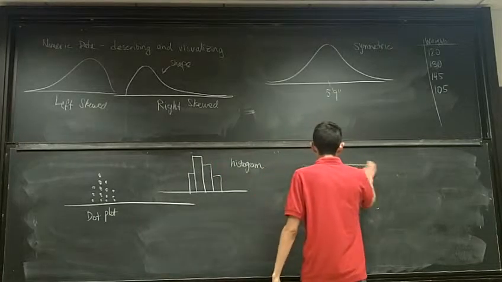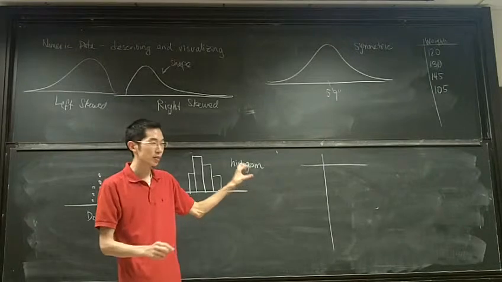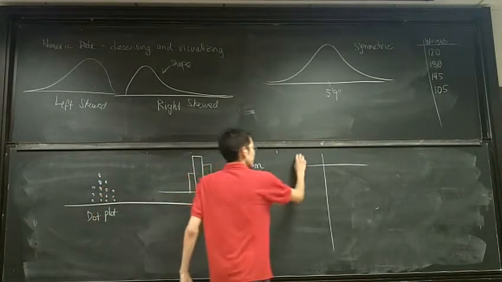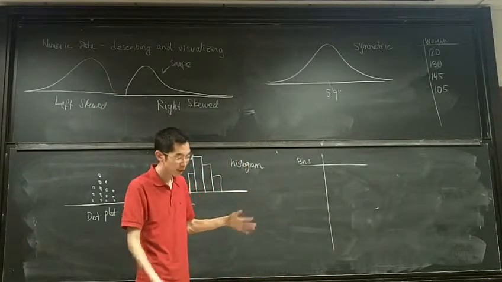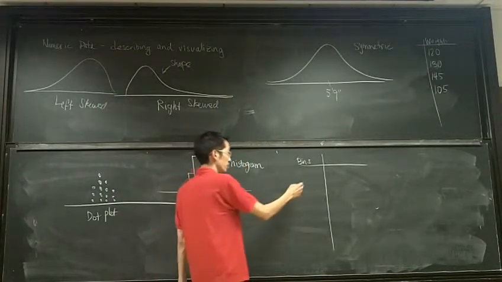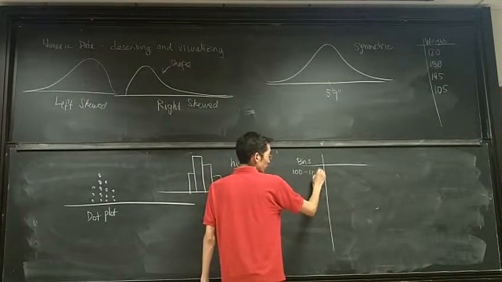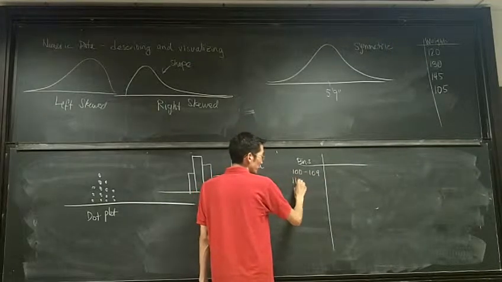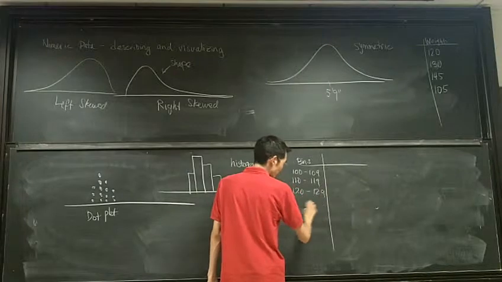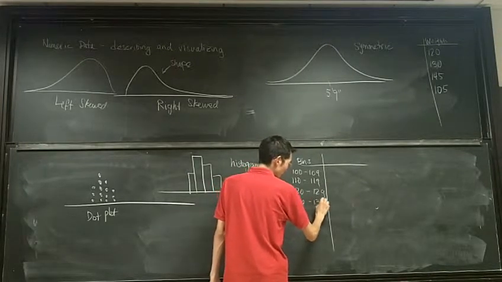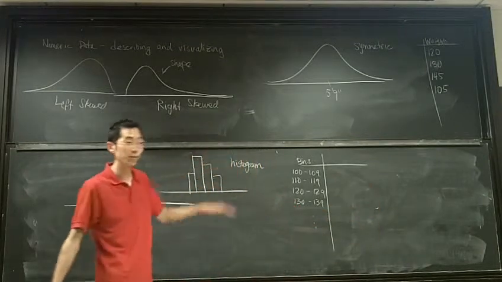If we were looking at the weights of people, we would create what we call bins, and you see people categorize this way all the time. You'd say, we put everybody who's 100 to 109 pounds in this bin, everybody who's 110 to 119, 120 to 129, and 130 to 139, all the way up to the full range of people.